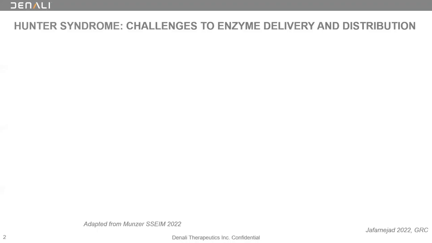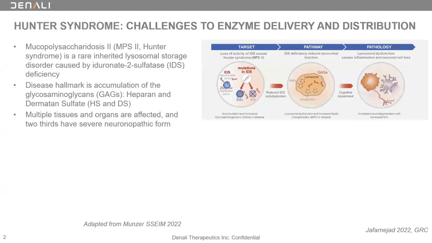I have a very brief one slide background on this disease indication. Hunter syndrome is essentially an inherited lysosomal storage disorder, and it's primarily caused by deficiency in this enzyme, which is called IDS.